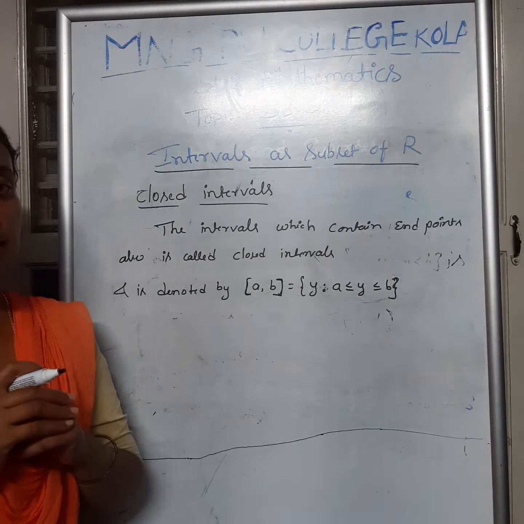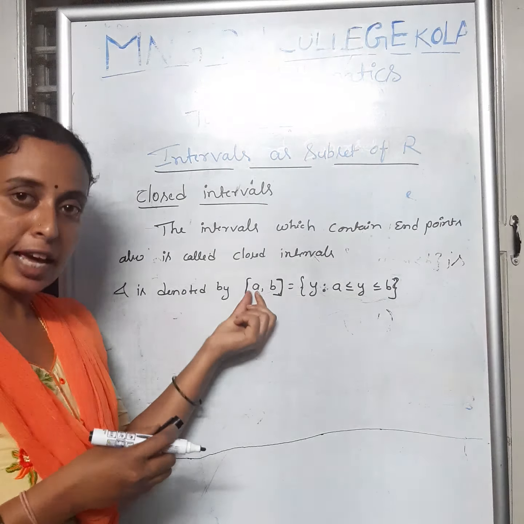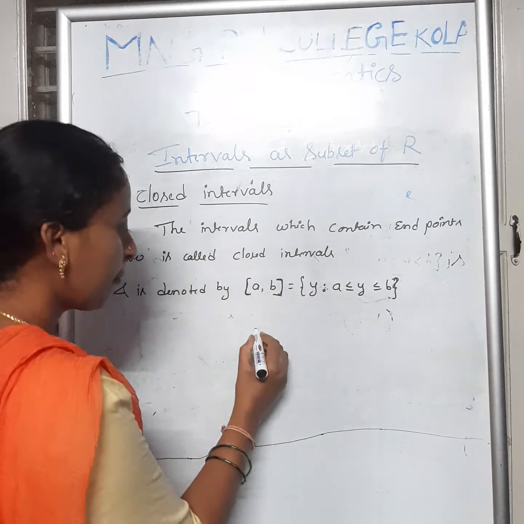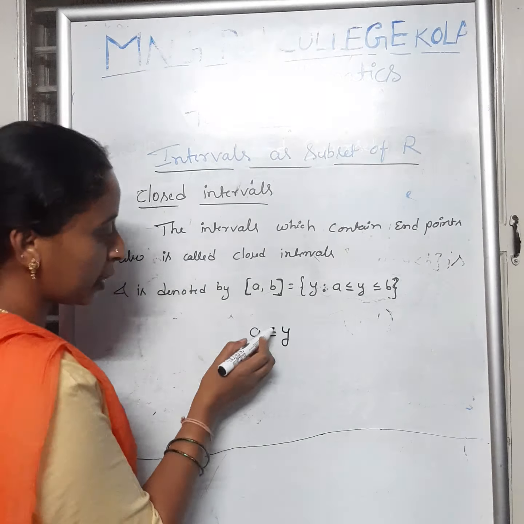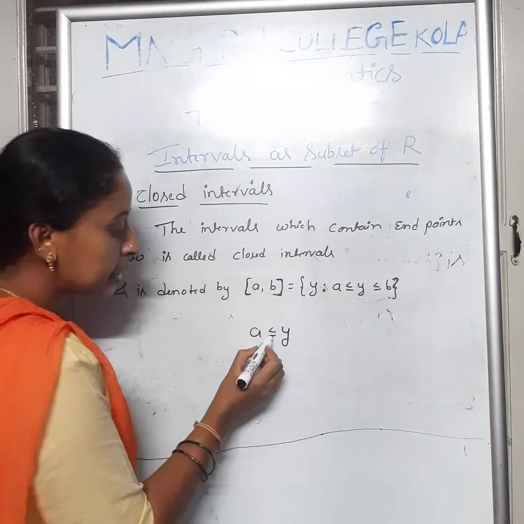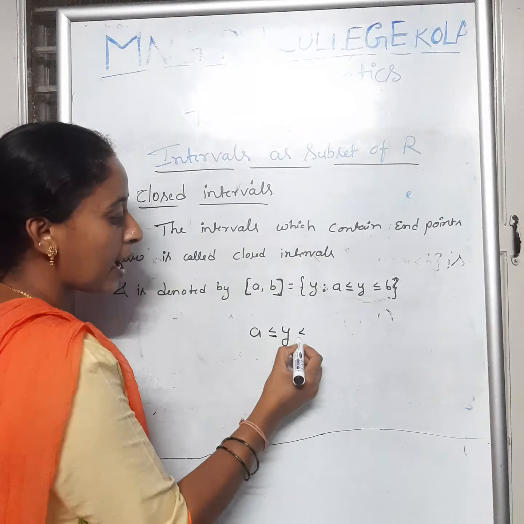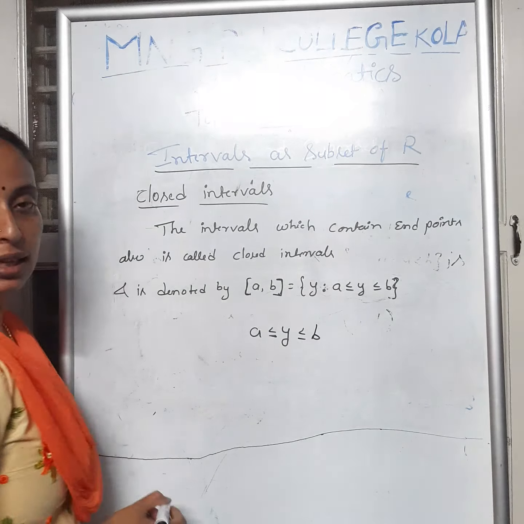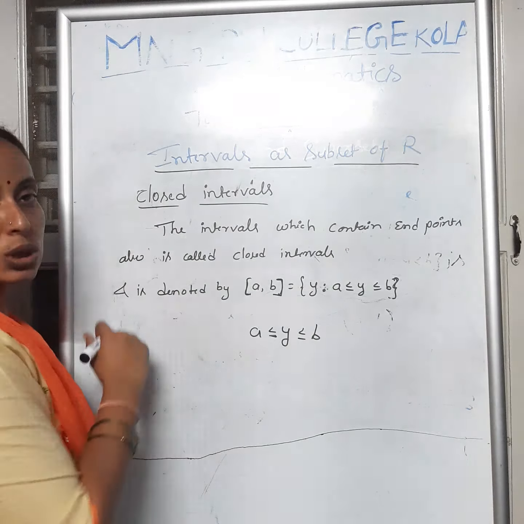That we should consider. But here we consider the a value also and the b value also. Y means here a should be less than or equal to y, and that y value is less than or equal to b. This is the starting point and this is the ending point. So end points must and should be in the closed interval.